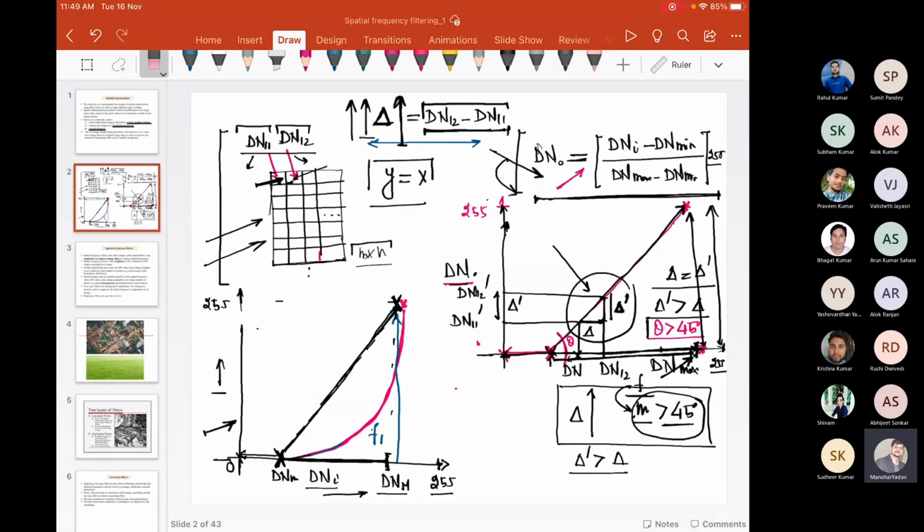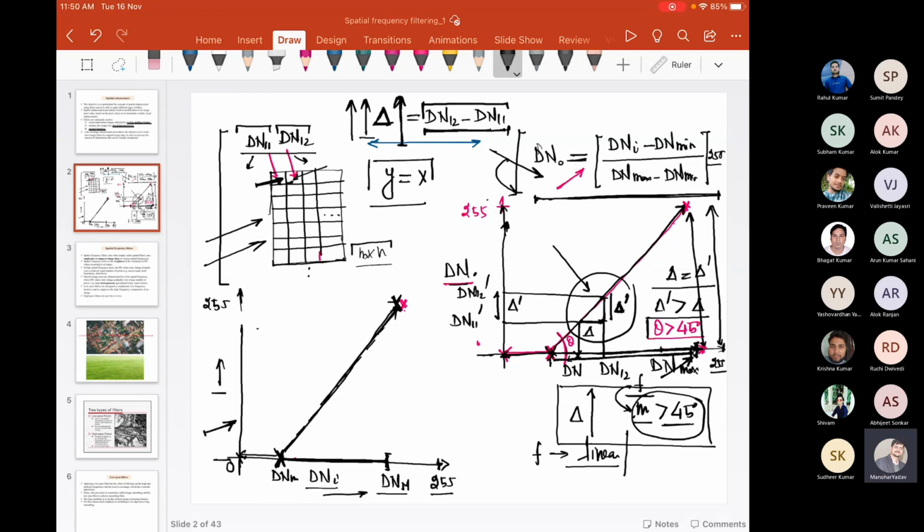So one by one, we select the functions. In this case, if f is linear, the entire image is uniformly enhanced.